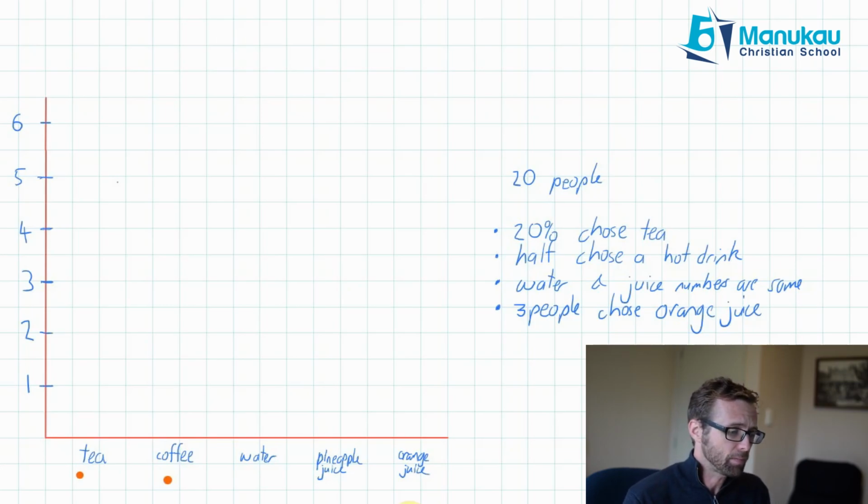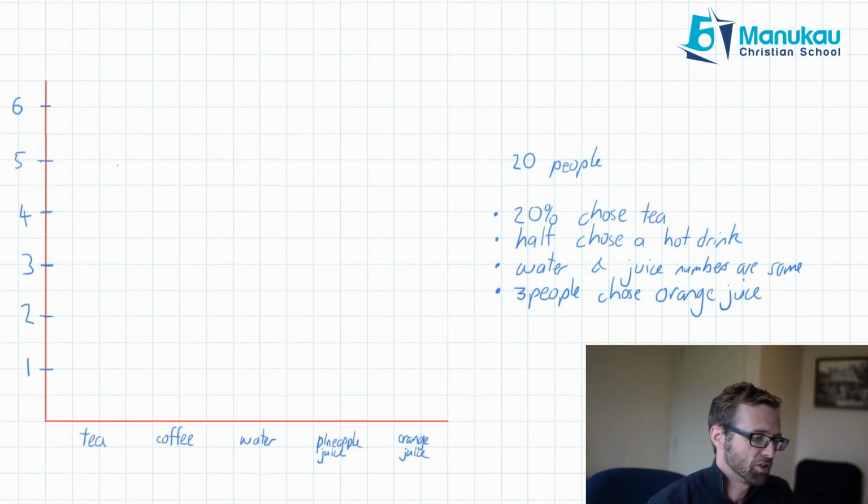So here we go. We have a number of different drinks in a cafe here. We've got tea, coffee, water, pineapple juice and orange juice. We've got 20 people ordering in the cafe, and we know that 20% of those choose tea. So let's say 20% of 20, well, what is that?